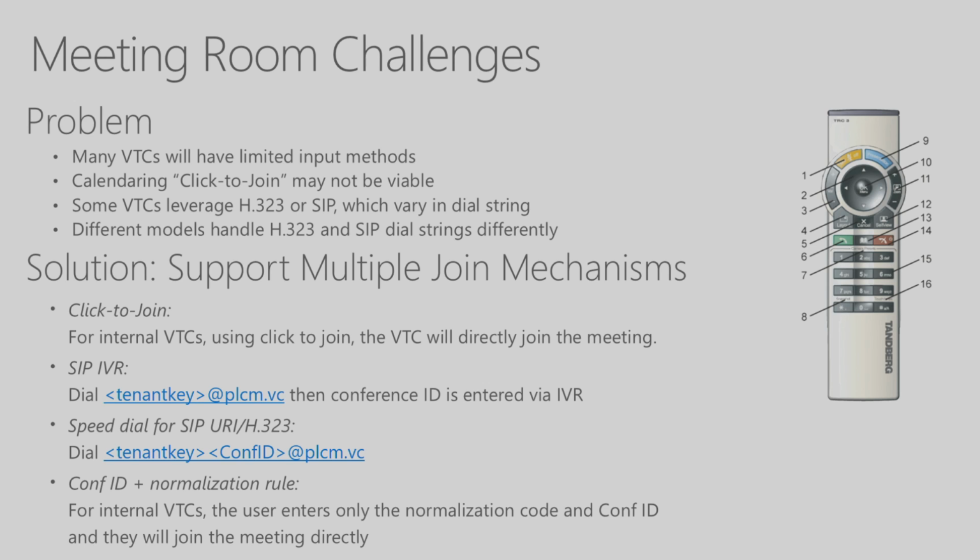The conference ID will be automatically populated in the meeting invite, as Albert showed you earlier, and we'll show you that again in a moment. That ID is generated by a specific ID that the tenant has, and then an ID that is given to that specific meeting. So I'll dial that information via my remote, and I'll join the meeting automatically.